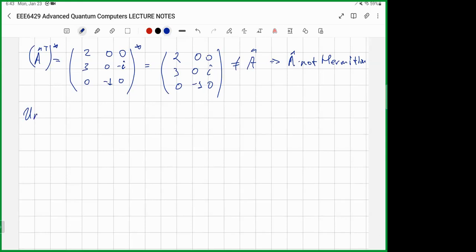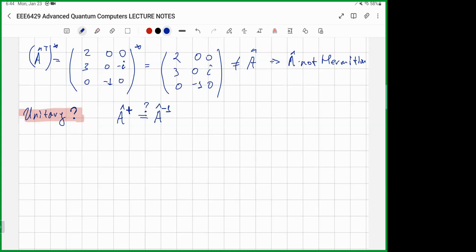But what about unitary? Is this matrix unitary? I remind you again that a unitary matrix is such a matrix that when you take the Hermitian conjugation, A dagger, it is equal to the inverse matrix, A minus 1.